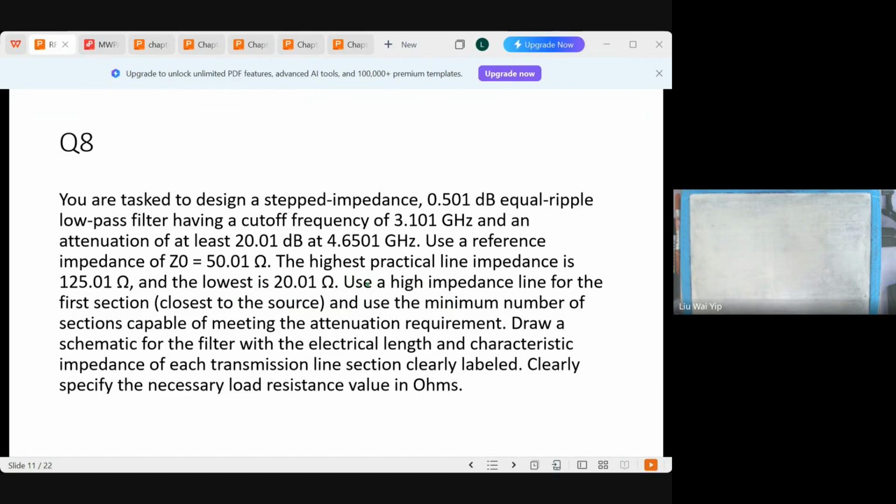So, in other words, you're going to design a low pass filter, and your first job is to design the order. You need to determine the order of the filter.